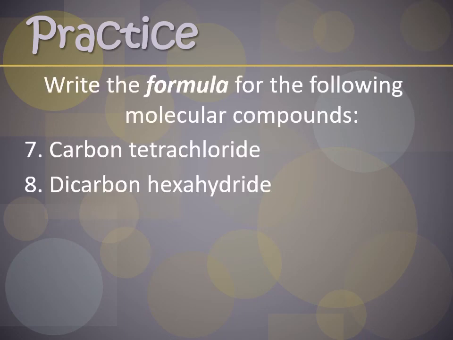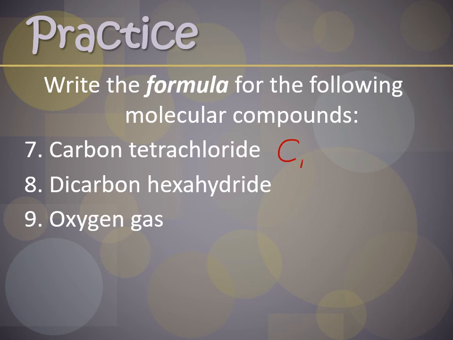Let's now write the formulas for the following compounds. So we have carbon tetrachloride. So this is really, really easy. You're going to use the prefixes to determine the subscripts in your formula. So carbon has no prefix in front of it, which means there's 1, right? Because it's mono and we don't use mono for our first nonmetal. So that means that there's 1 carbon atom.